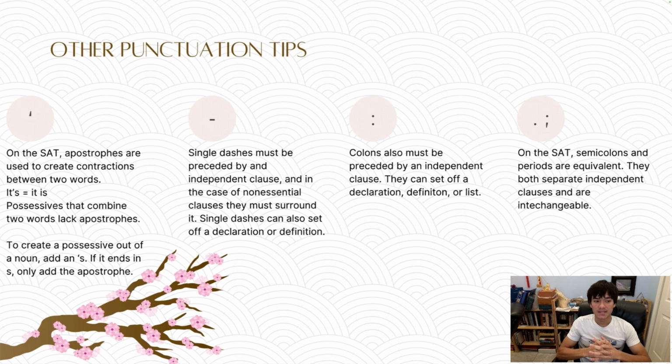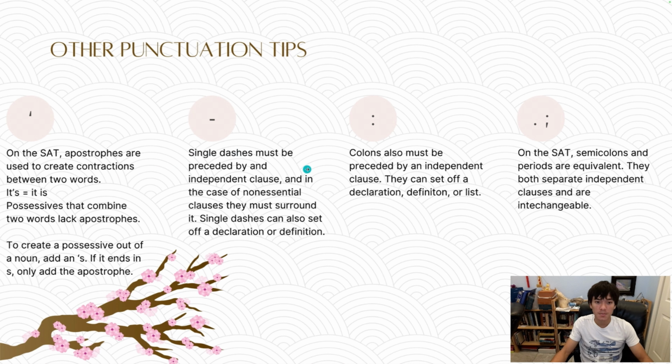So you can't say the fan is its, right? You can't use it to replace a noun and have it be possessive on the SAT. On the SAT, it will always mean it is, okay? So never make that mistake thinking that it's possessive.